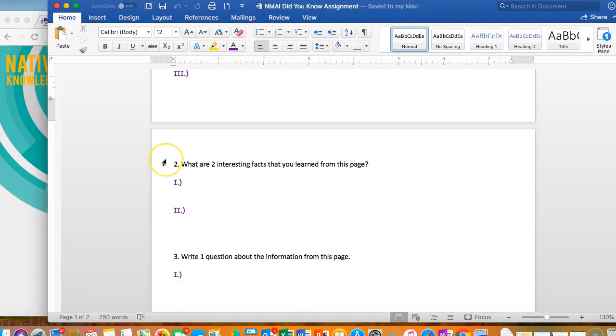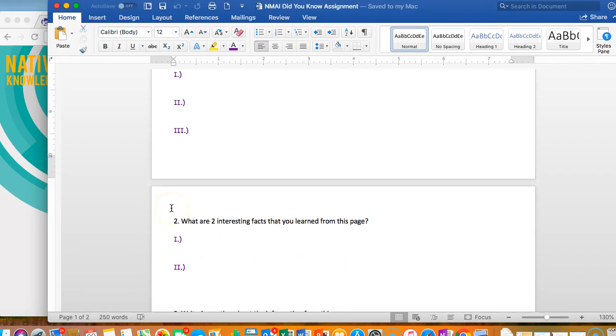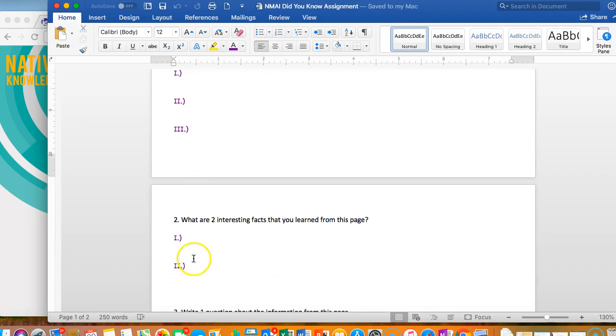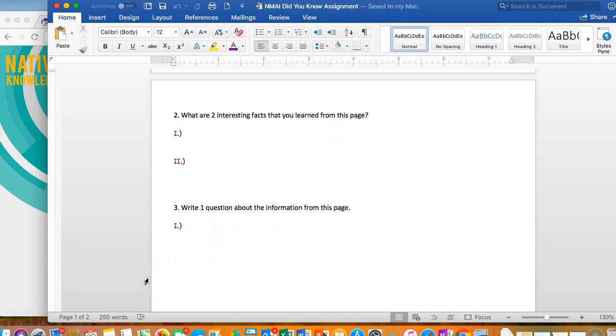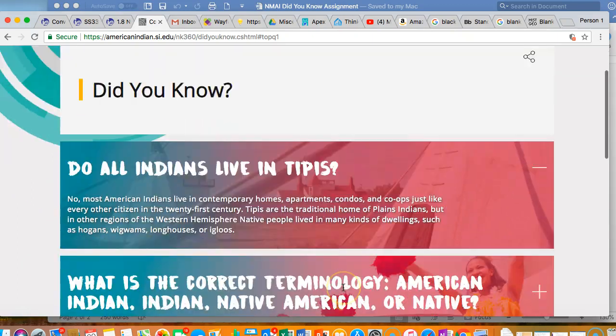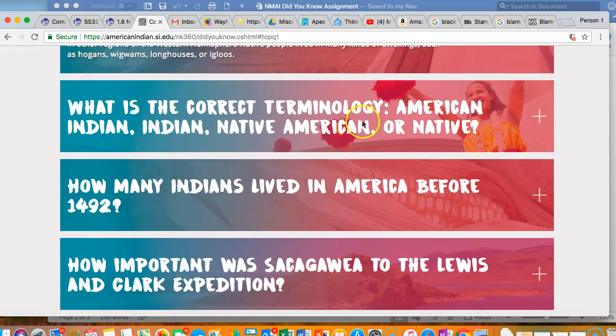What are 2 interesting facts that you learned? All right, so this is new pieces of info. These are 2 interesting things that you learned. And then you are going to write one question about the information from this page. You can think of it as a question that you really want to know the answer to. So you read and talked about any of these things, and then in your mind, it led you to another question.